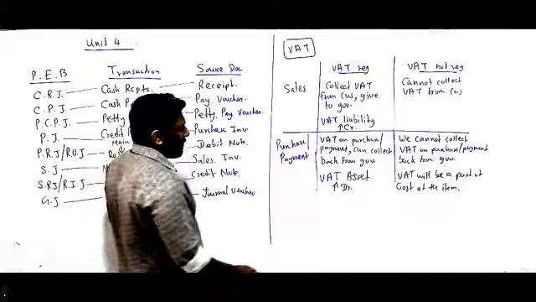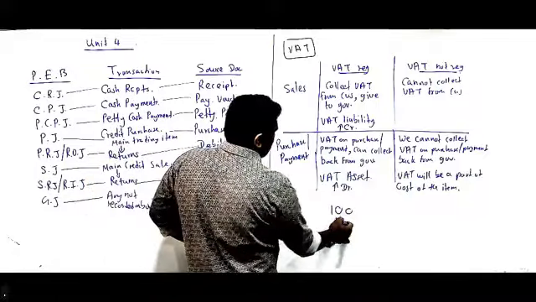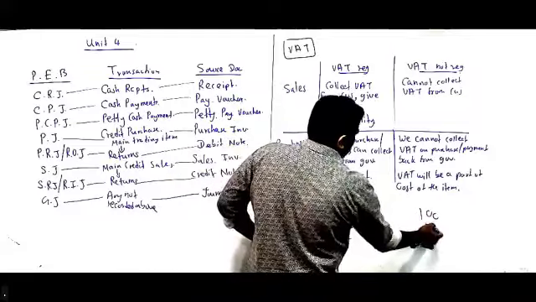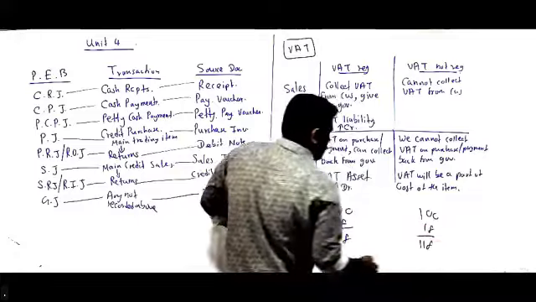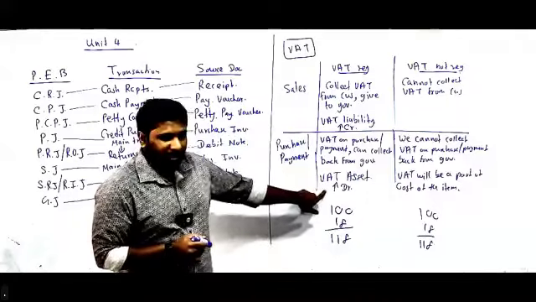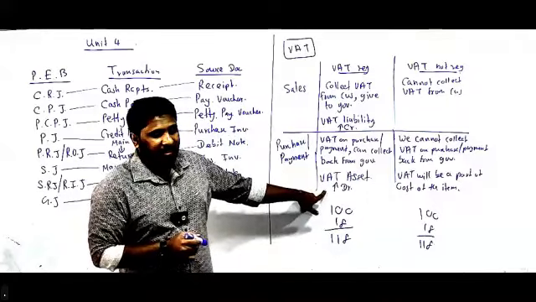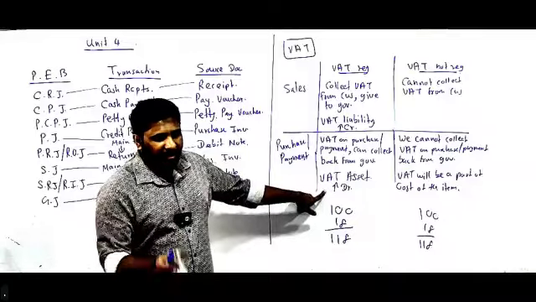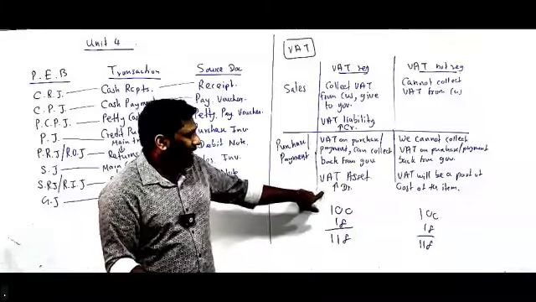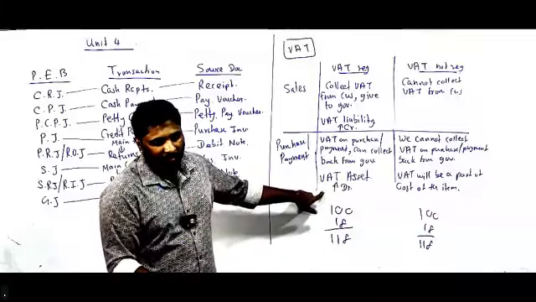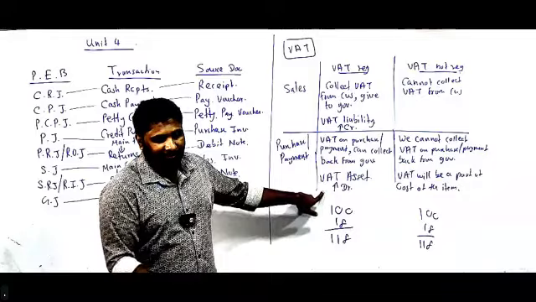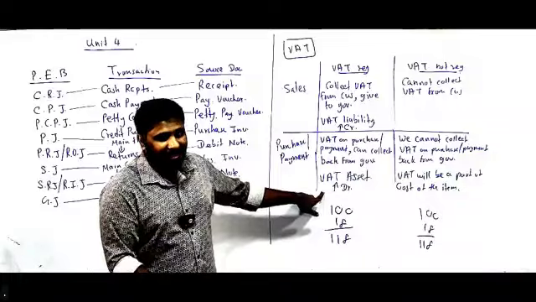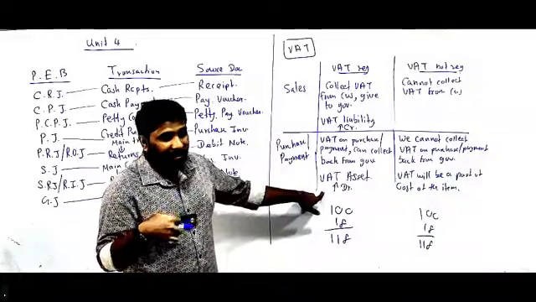We'll assume we purchased an item for 100,000 plus 18,000 VAT, 118,000. If we are registered for VAT, say we purchase this water bottle and someone asks what the cost of this water bottle is, what should you say? 100, because we will give 118 but we can take the 18 back from the government.